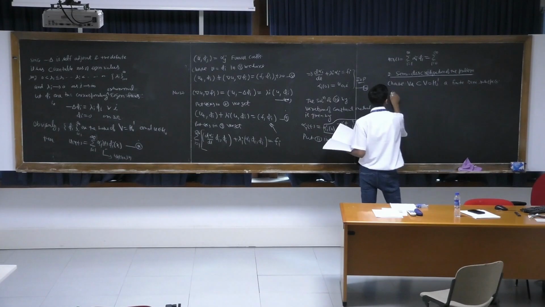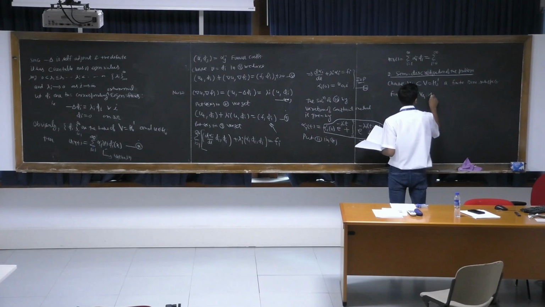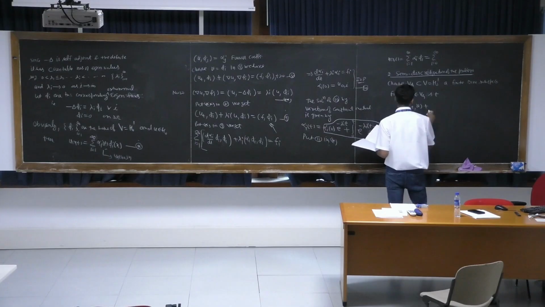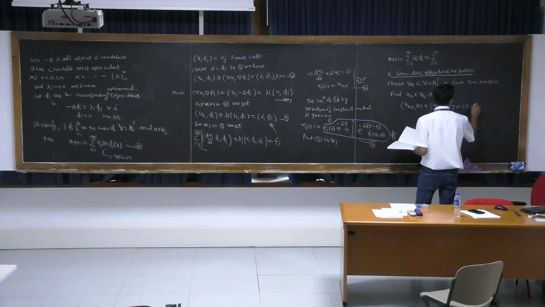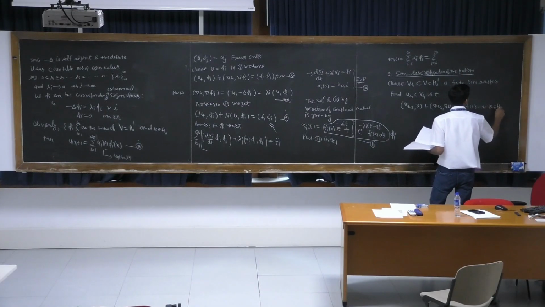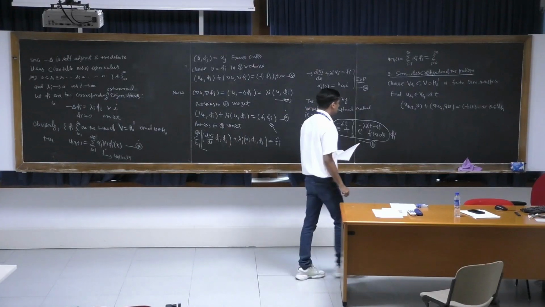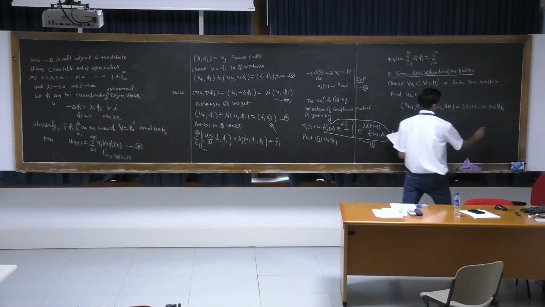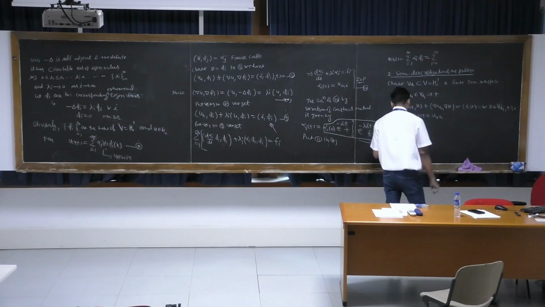So our problem will become: find u_h belonging to capital V_h such that (u_h,t, v) plus (del u_h, del v) is equal to (f, v) for all v belonging to V_h, with initial data, and t greater than or equal to 0, where u_h of 0 is equal to u_0h. This is the approximation.